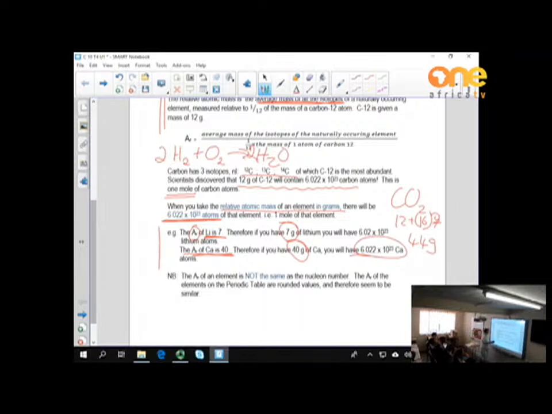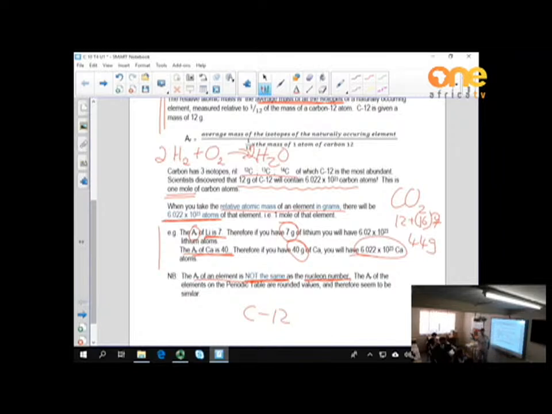Now, the relative atomic mass of an element is not the same as the nucleon number. I've already said to you why. Who knows why not? Because it's the average mass of the isotopes. When I refer to a nucleon number, for example, if I say carbon 12, then I'm referring to a specific isotope, carbon 12.